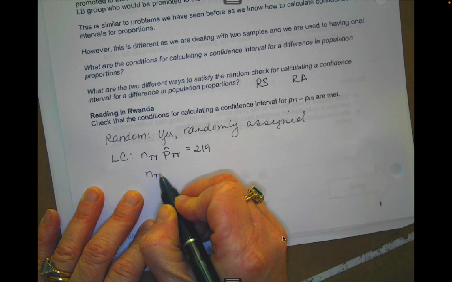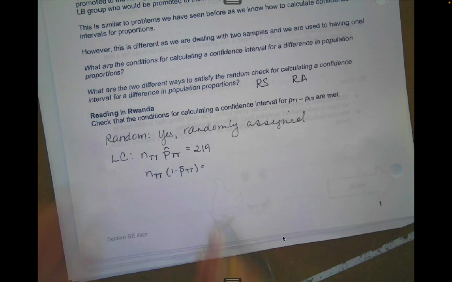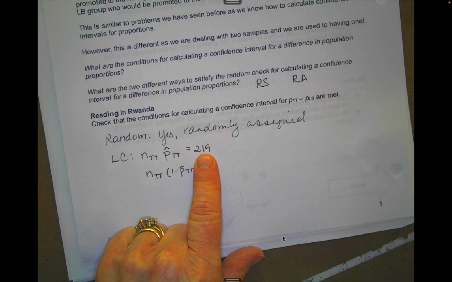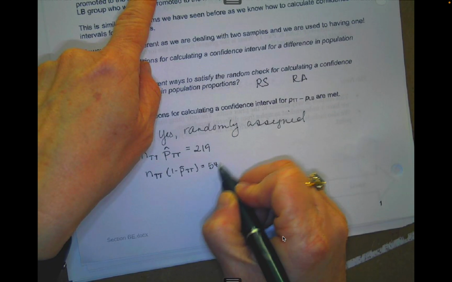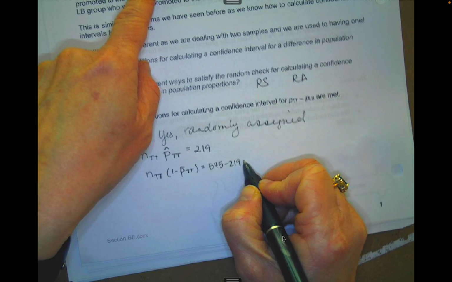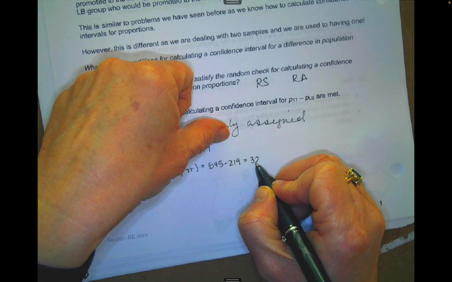Then we have the same thing, but 1 minus the p hat. Again, if 219 are going to be promoted, that means 445 minus 219 are not, which gives us 226.